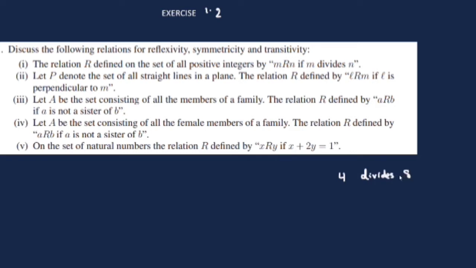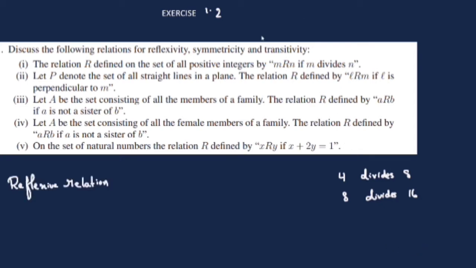You know the meaning of divides, isn't it? 4 divides 8. That means 8 is a multiple of 4. Similarly, you can say 8 divides 16. So the relation is given like that: M divides N. Reflexive. A small example.